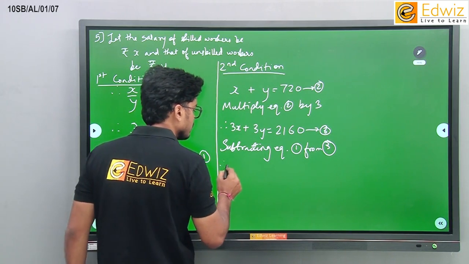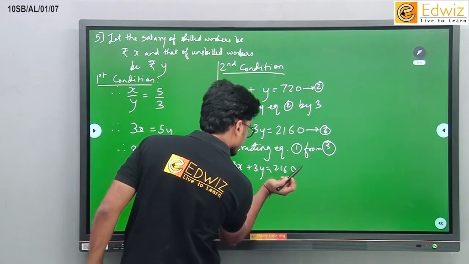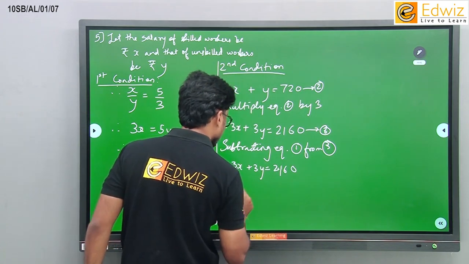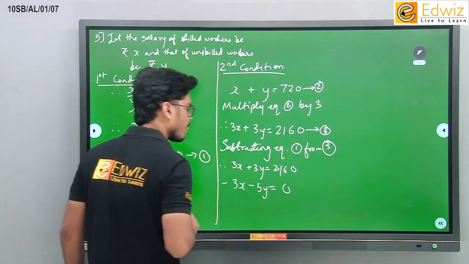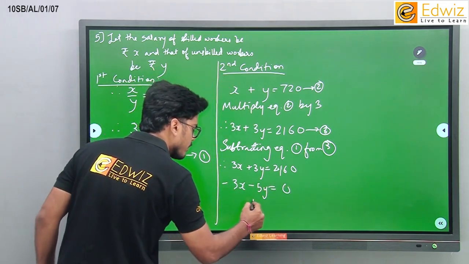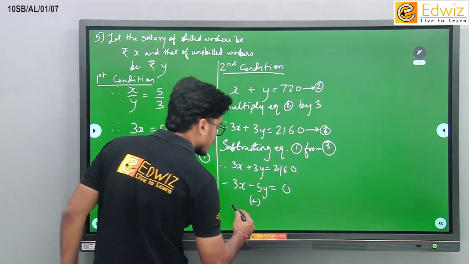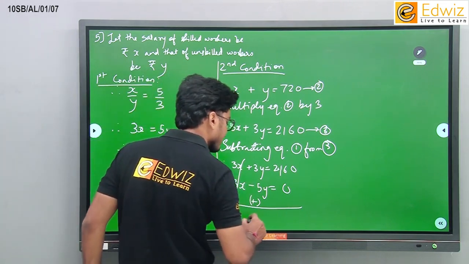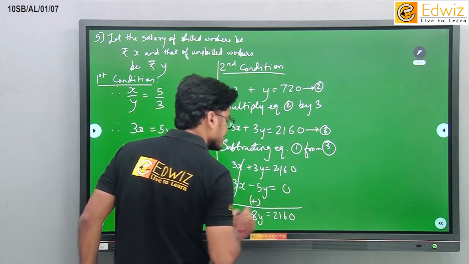Okay, so 3x plus 3y equal to 2160 minus 3x minus 5y equal to 0. Okay, so this will become positive. 0 doesn't have any sign anyway, doesn't matter. 3x minus 3x is getting eliminated. 3y plus 5y is 8y equals 2160 as it is.